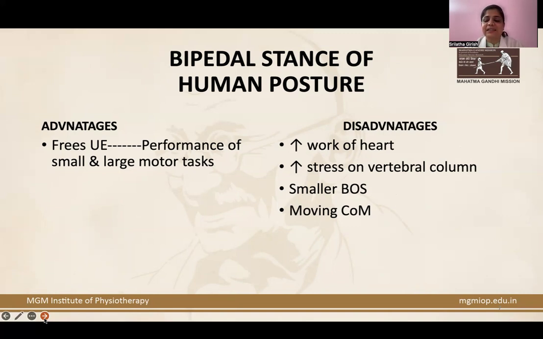Standing this way increases the workload on our heart and puts more stress on our spine when compared to the quadruped position occupied by animals. Additionally, it also leads to a smaller base of support, and there is a constant shift in the center of mass based upon the activities we are doing.